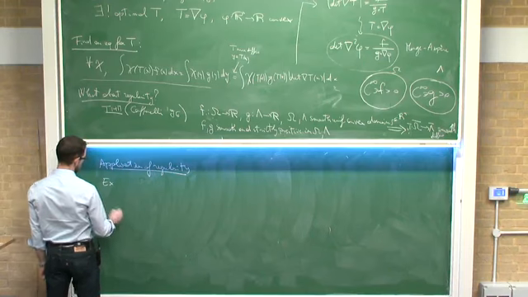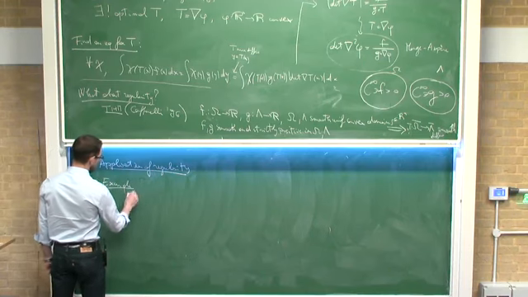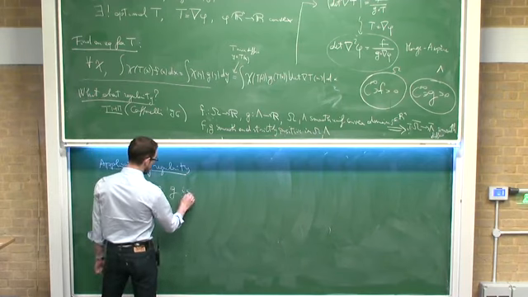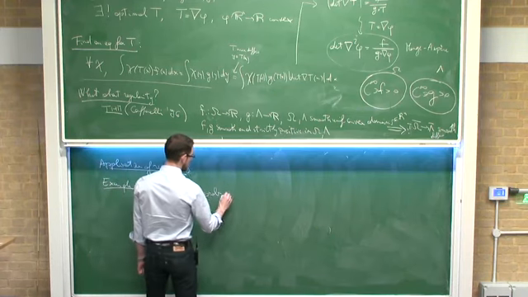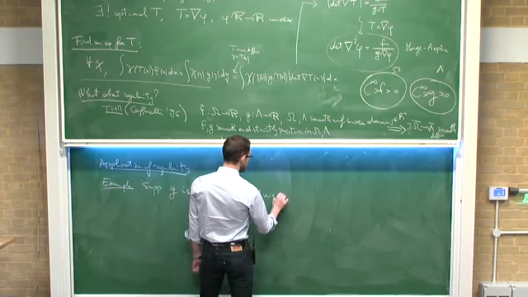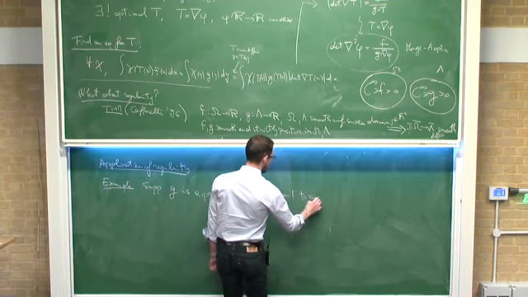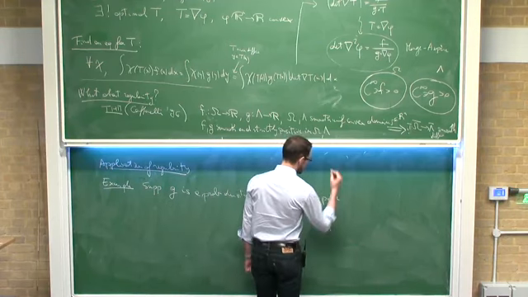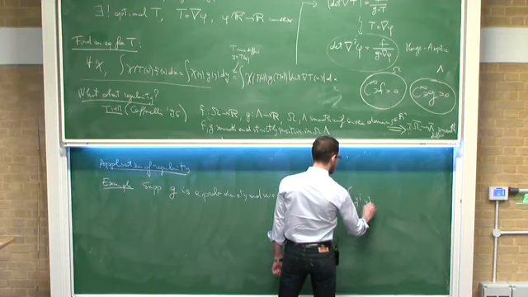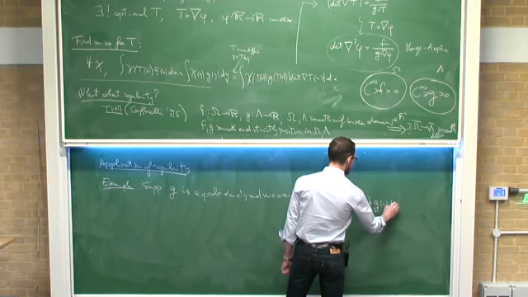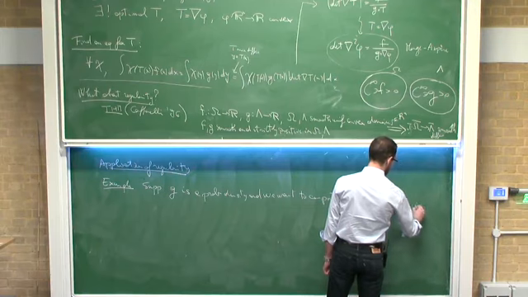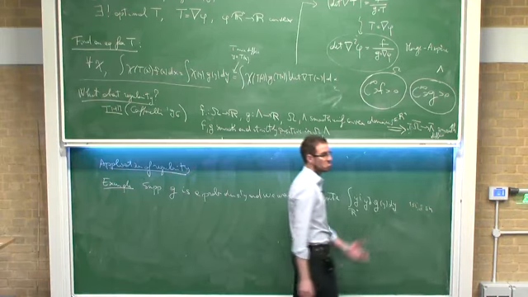Example. Suppose g is a probability density, and we want to compute, for instance, its moments. Let's say the integral of yi yj g of y dy, where i and j are two coordinates, like a second moment.